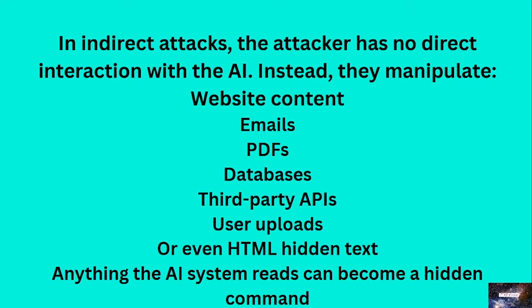So, in indirect attacks, the attacker has no direct interaction with the AI itself. Instead, they manipulate the website content, emails, PDFs, databases, third-party APIs, user uploads, or even HTML hidden text.